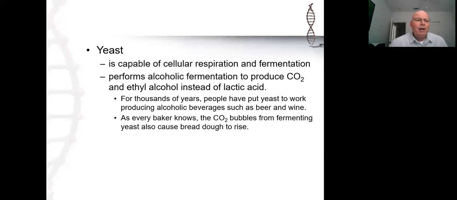And when you cut bread and you see those little bubble type pockets in the surface of the bread, that's where the carbon dioxide was that caused the bread dough to rise. It was captured inside the gluten complex and it expanded the bread dough.